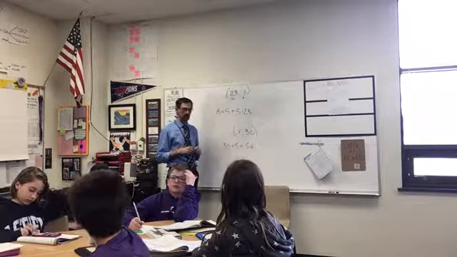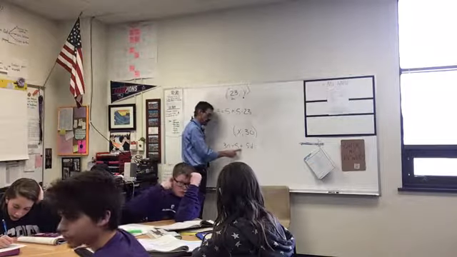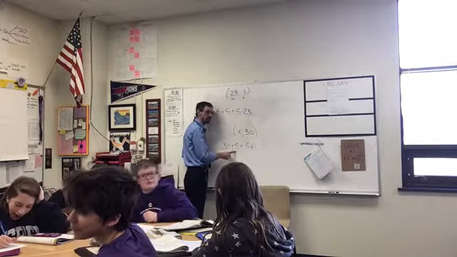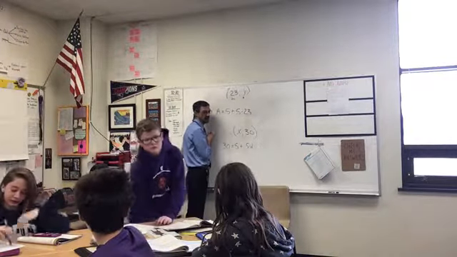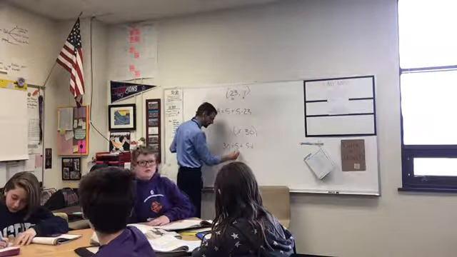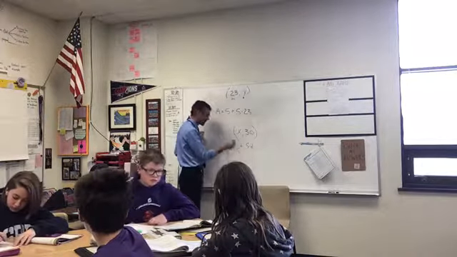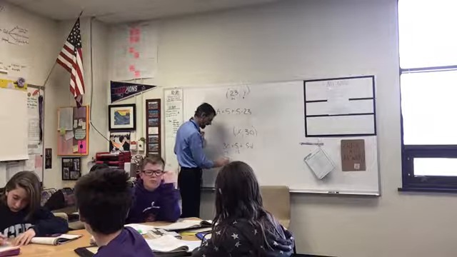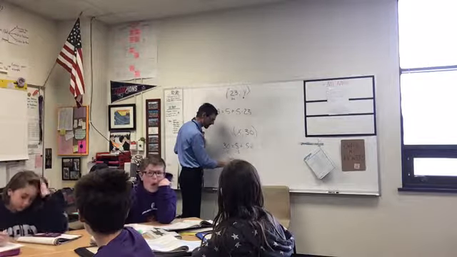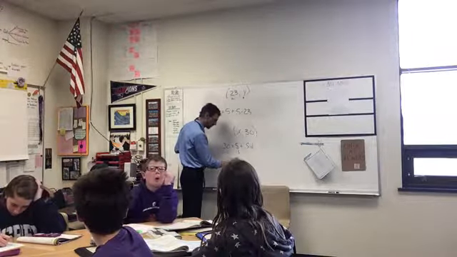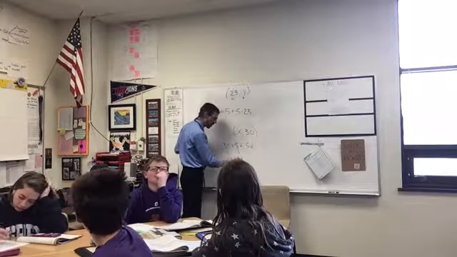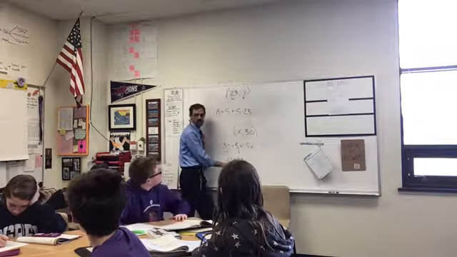Connor? I would, but not right off. Here, I'm adding 5. What could I do to get rid of a plus 5? Subtract 5. Subtract 5, right? Got to do it on both sides. So now I have 25 equals 0.5 times D. Now, how do I get rid of a 0.5 that's being multiplied?